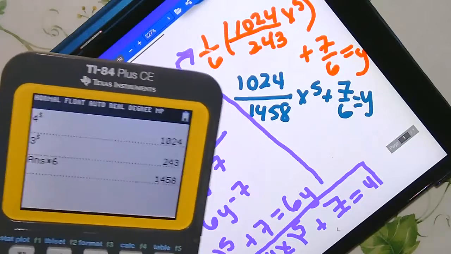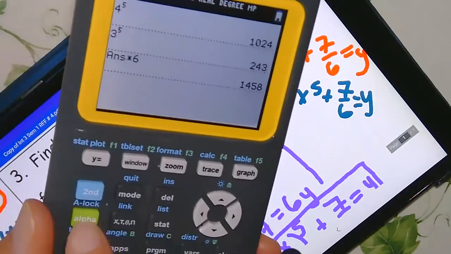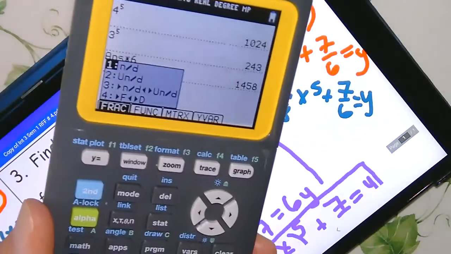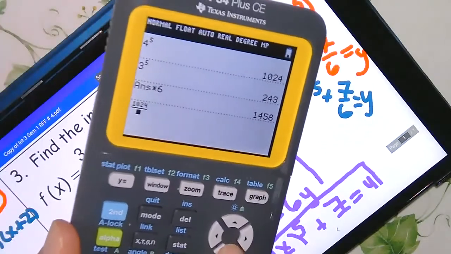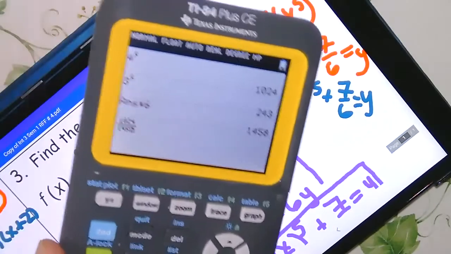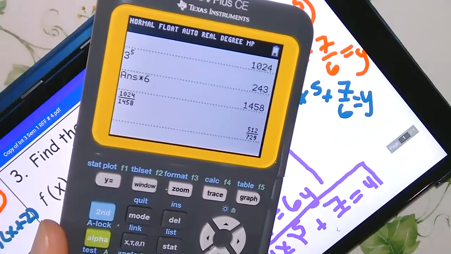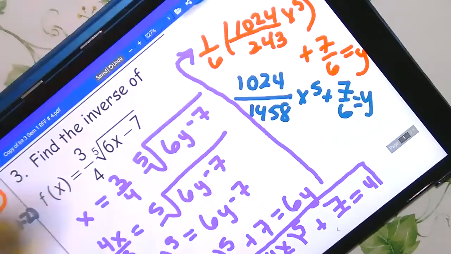Now, you can always reduce fractions on your graphing calculator. 1024 over 1458, and I get 512 over 729.